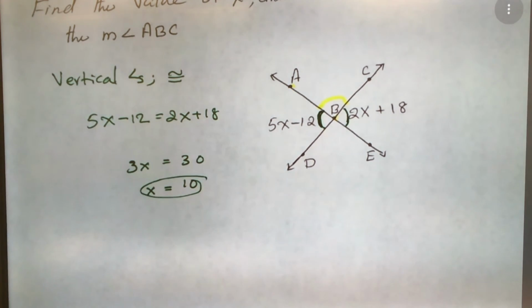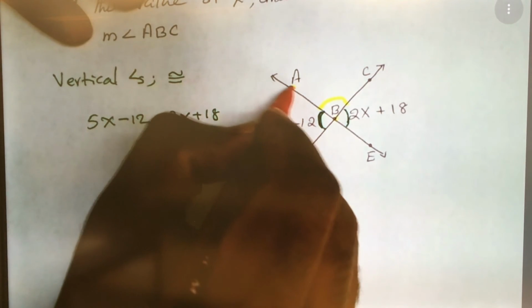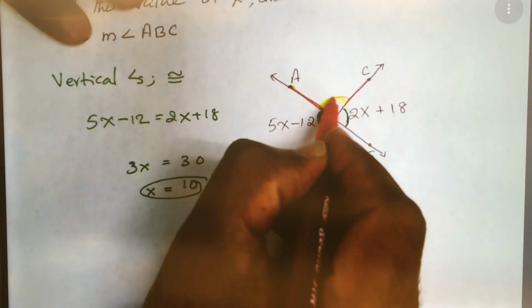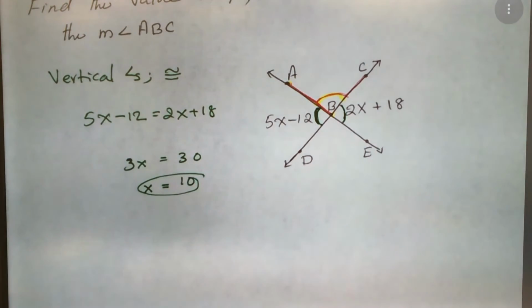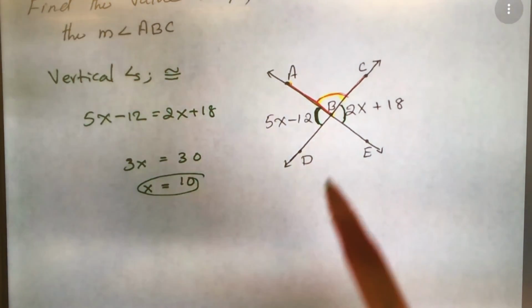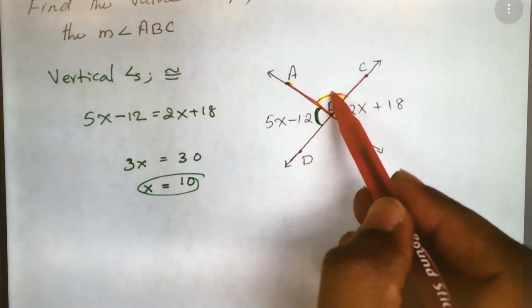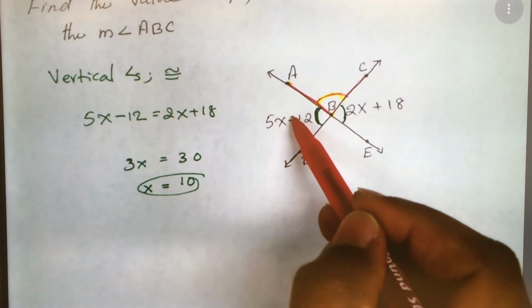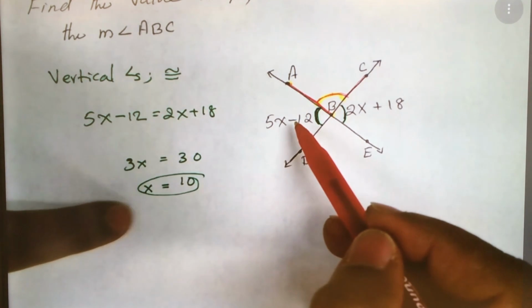The next part of the question asks us to find the measure of angle ABC. Angle ABC is here, this is the angle A, B, and C. There is no expression for this one, so how do we find this angle? But I can figure out the measures of these two angles because we are given that x is equal to 10.